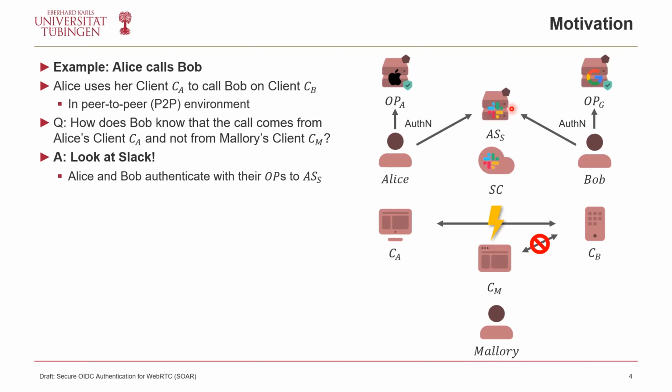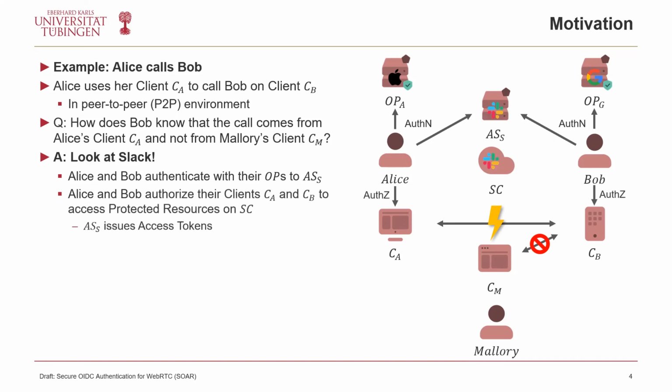And so they will get a user account or a Slack account on the Slack authorization server where they authenticate with their identity provider too. And then the clients of Alice and Bob will get an access token from the authorization server, which authorizes them to access the signaling channel.